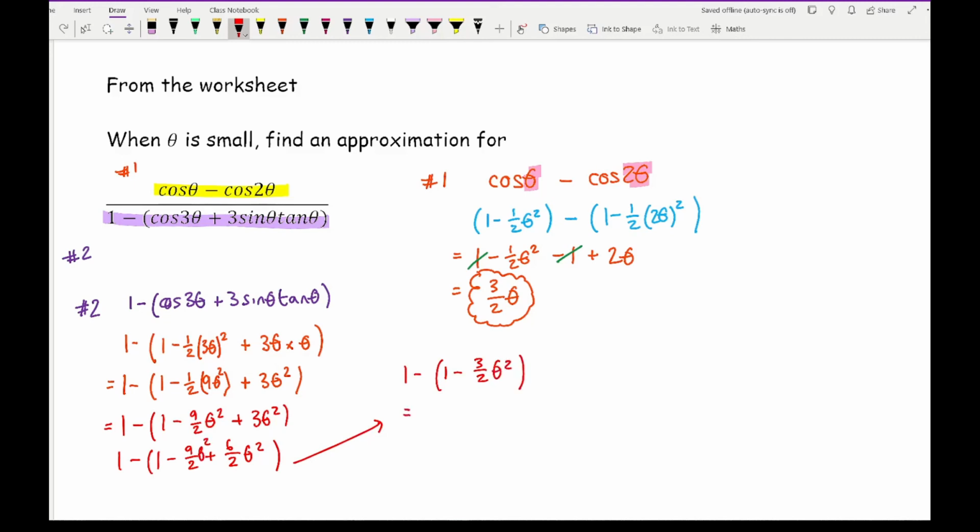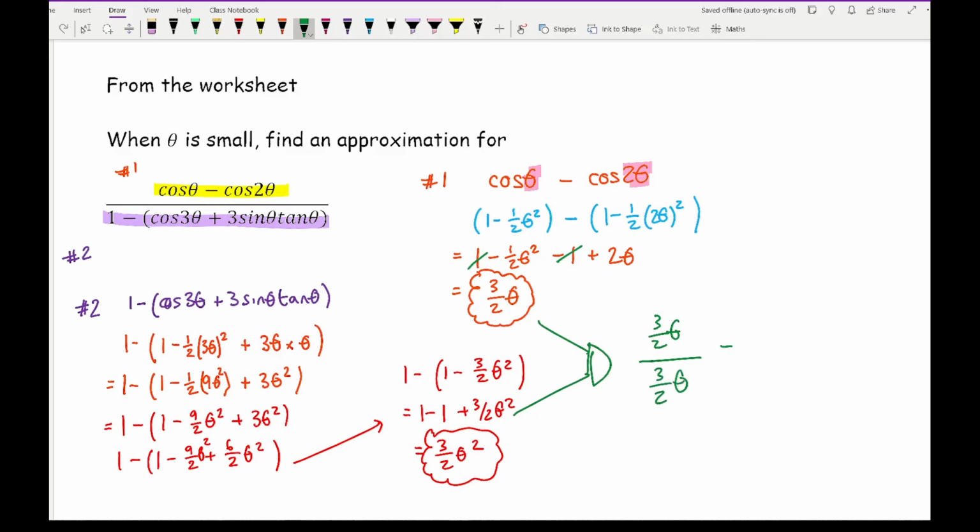And then expanding the brackets out, the 1 minus 1 plus 3 over 2 theta squared. The 1's cancel out, leaving me with just 3 over 2 theta squared, and that is my denominator. Then bringing it all together, I end up with 3 over 2 theta over 3 over 2 theta squared, which simplifies to give me 1. And there you go.